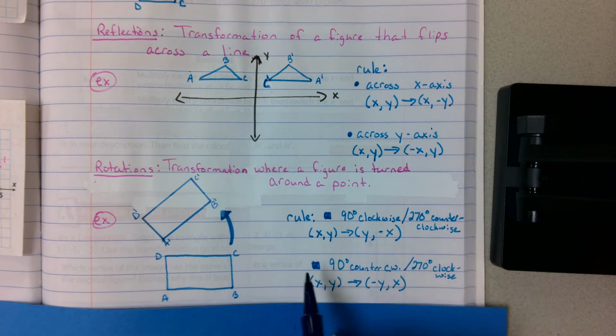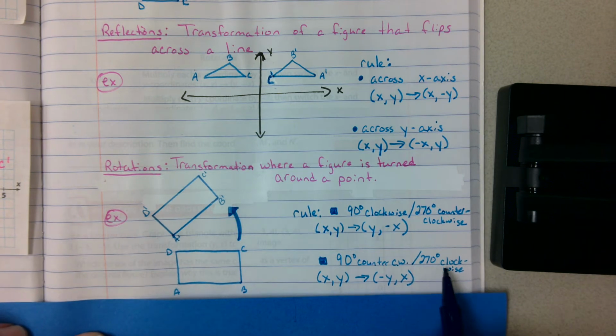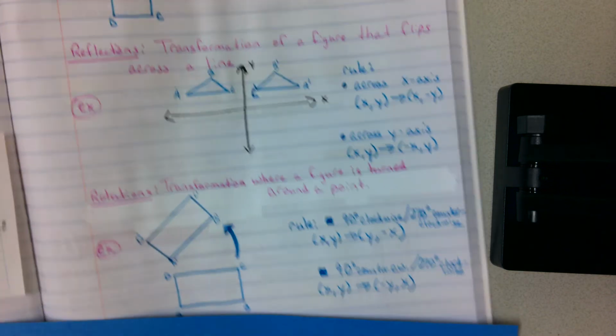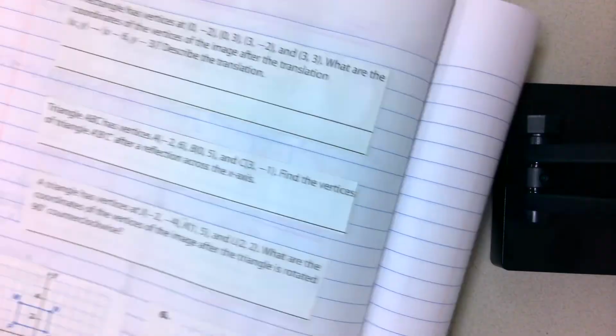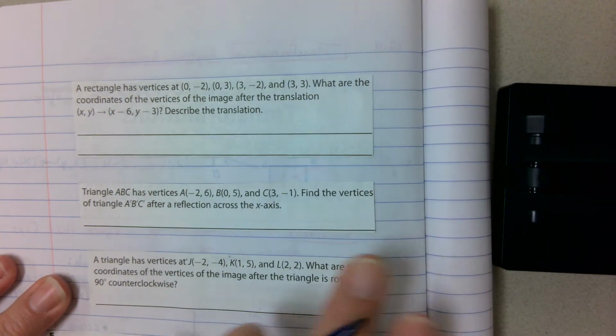And then for a 90-degree counterclockwise or a 270-degree clockwise, your x value becomes the negative y value, and your y value becomes the old x value. And as we do these, you're going to see how that works. All right, so here are some examples. You're going to use the rule that you know, that we just went over.